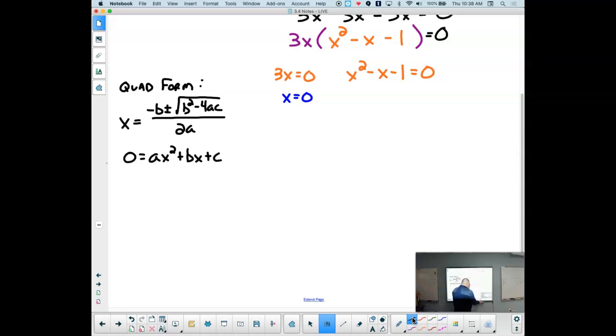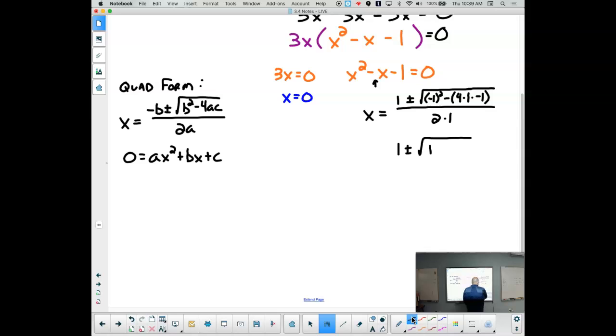Okay. So this would be then x equals, the opposite of b would be +1 plus or minus the square root of -1 squared minus 4 times a is 1 times c is -1 all over 2 times 1. -1 squared is +1. 4 times 1 times -1 is -4, minus a -4 is like +4. 2 times 1 is 2.